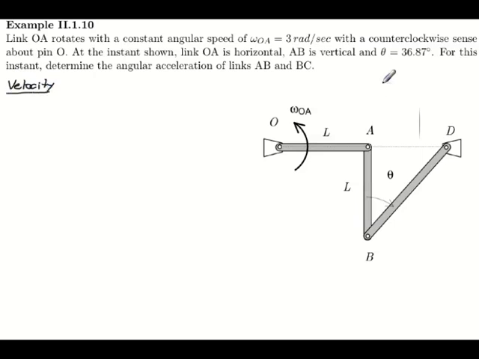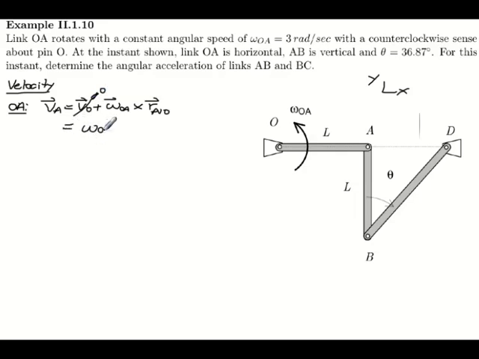I'm going to use x to the right and y up. I'm going to start with link OA, where we know the most information, and say the velocity of A is equal to the velocity of O plus omega OA, which we know, crossed with the position vector from O to A. O is a pin to ground.